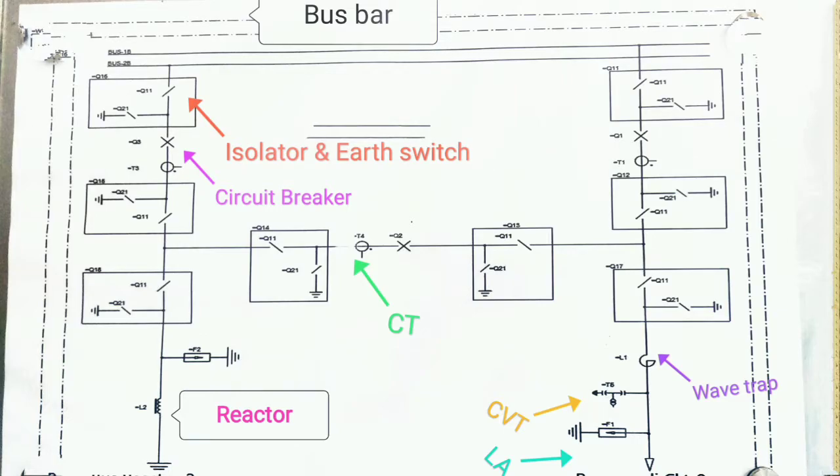Then the LA stands for lightning arrestor. It is used to counter the lightning surges or switching surges of your line. And also on the reactor side one LA will be connected, as you see, before the reactor.